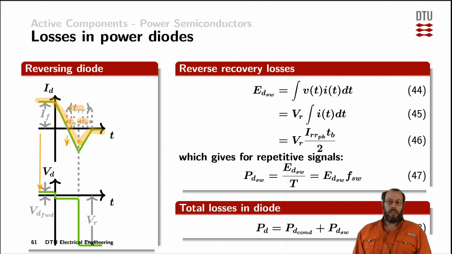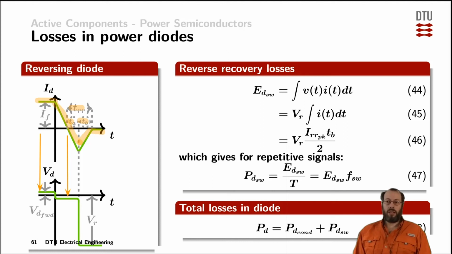During the time where the current is falling from its forward current to the maximum peak of the reverse recovery current, we have a negative voltage across the diode, which is about equivalent to the forward voltage, just with a different sign. This does not contribute to significant losses as the voltage is rather low.